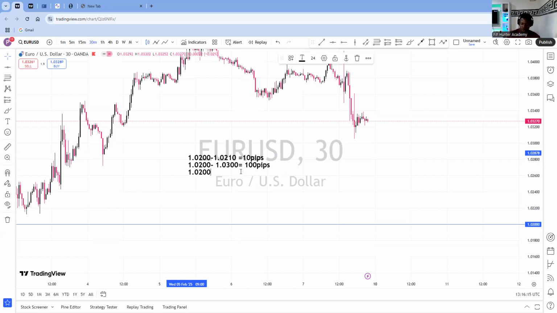And what about 1.0200 to 1.1200? For 1,000 pips, yes, it's supposed to be like that.